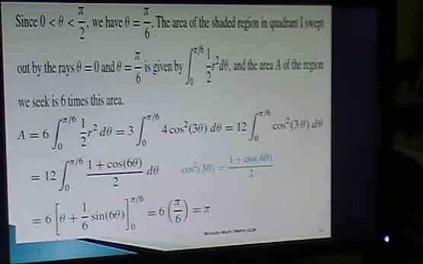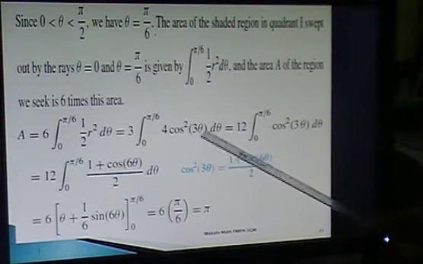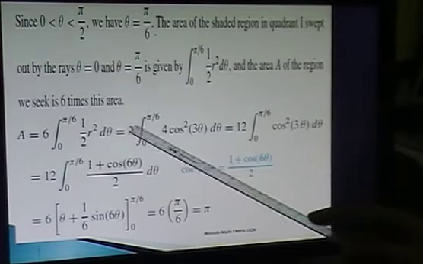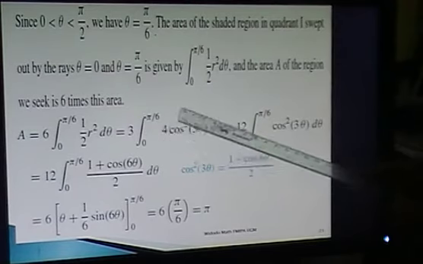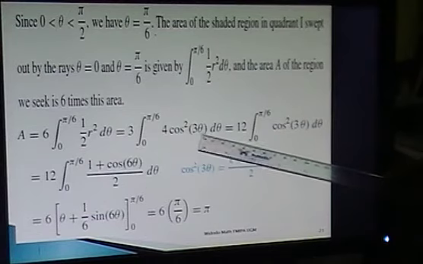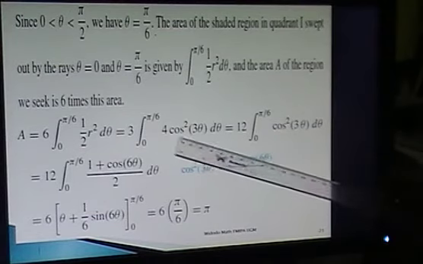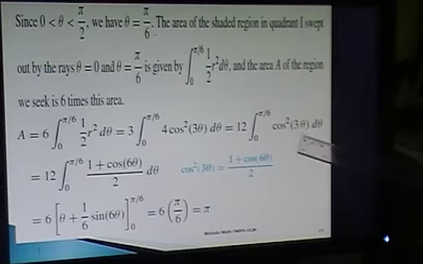The r squared is consisting of 2 cos 3 theta squared. Altogether we have 3 times the integral from 0 until phi divided by 6 of 4 times cos squared of 3 theta d theta. So it becomes 12 times the integral of this cos squared 3 theta.